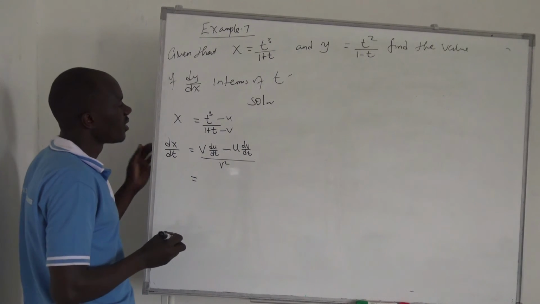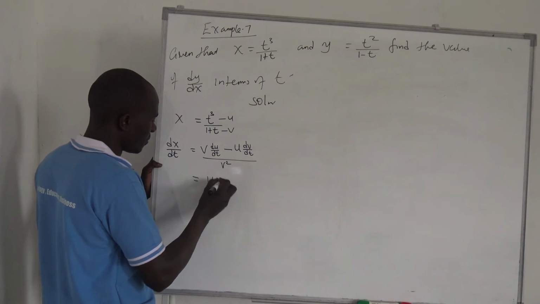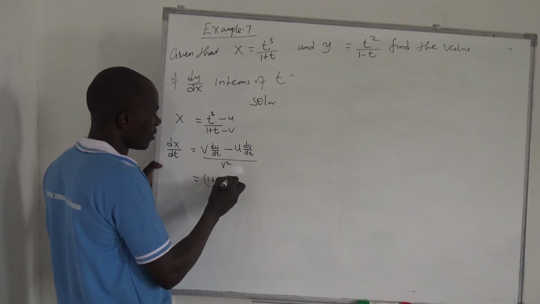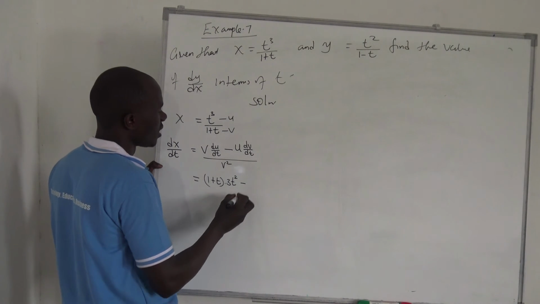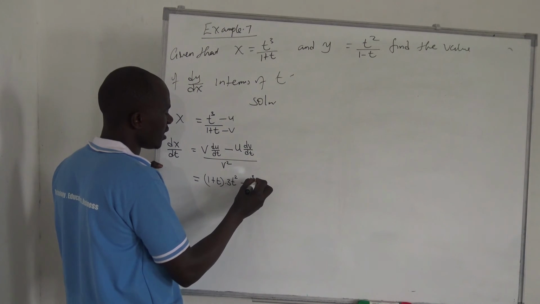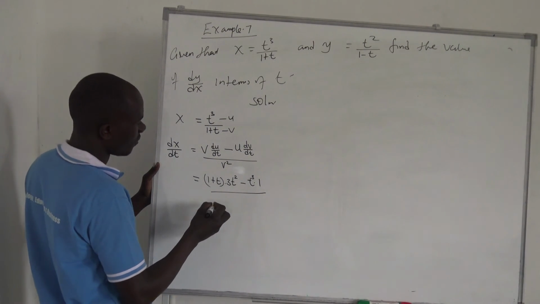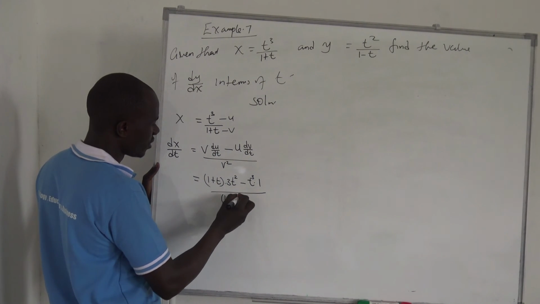What is our v? Our v equals 1 plus t, times. What is our du/dt? When you differentiate this one, what do you get? 3t squared, minus. What is our u? t cubed, times. What is dv/dt? 1, all over. What is our v squared? It is 1 plus t, the whole of it squared.